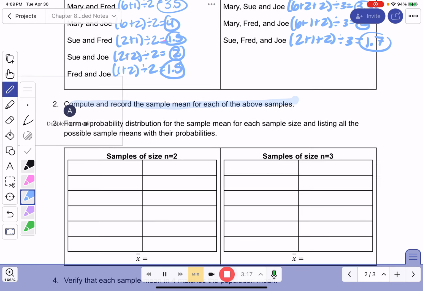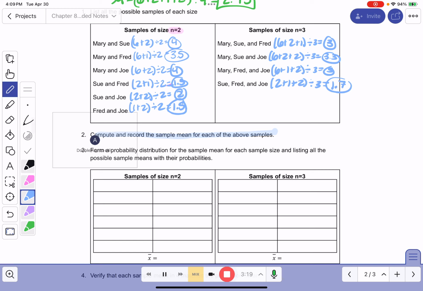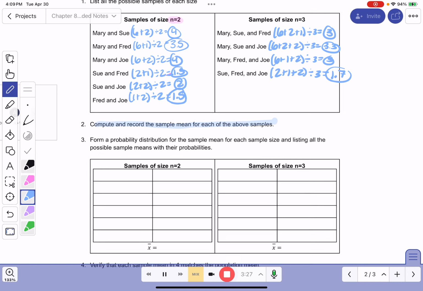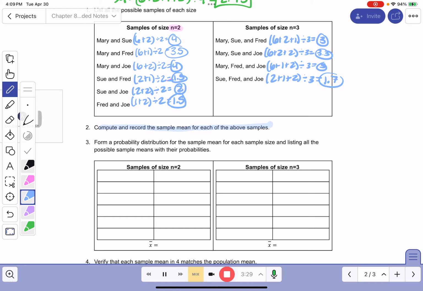So we're going to turn those into a probability distribution of the mean. In order to do that, we're going to list all of our possible means. So we had 1.5, 2, 3.5, and 4. Out of our 6 groups, 2 of them had 1.5.